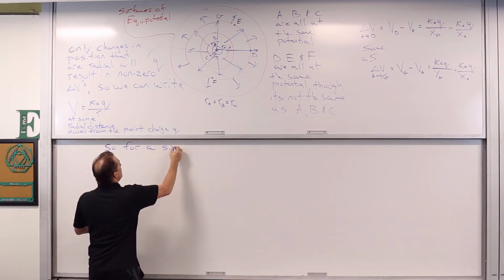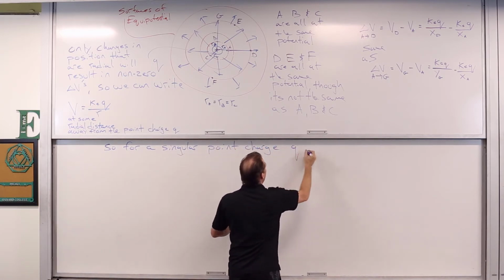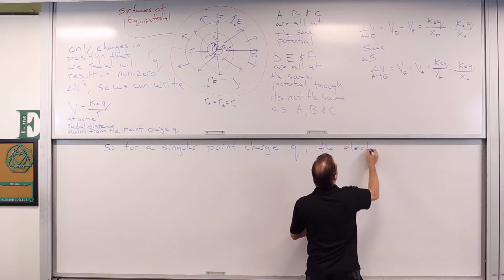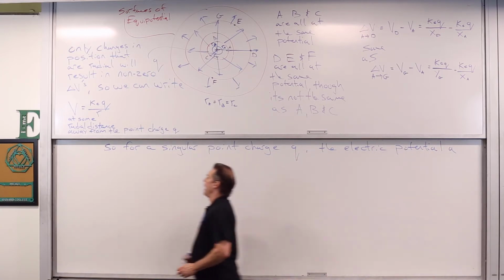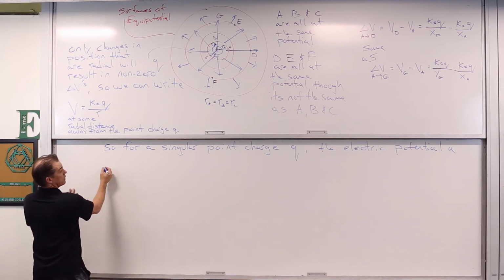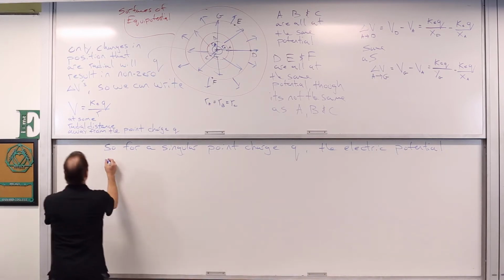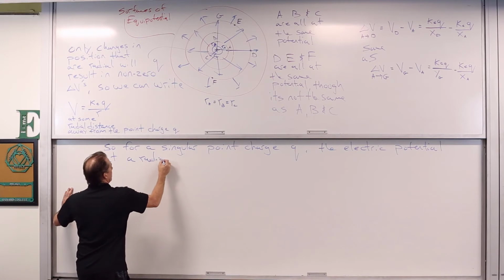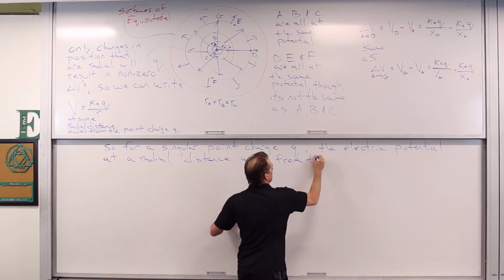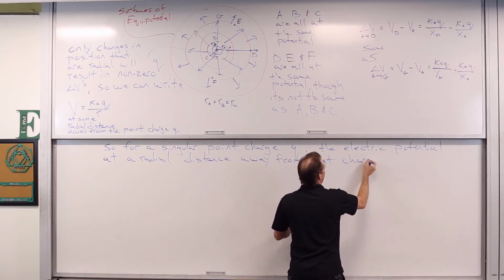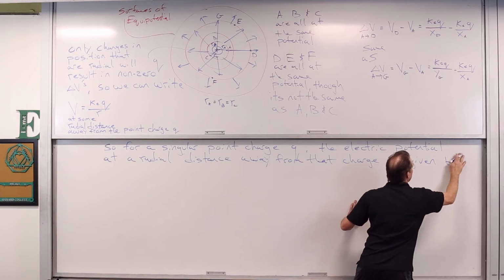So for a singular point charge Q, the electric potential at a radial distance away from that charge is given by, we've already written it, just going to write it again.